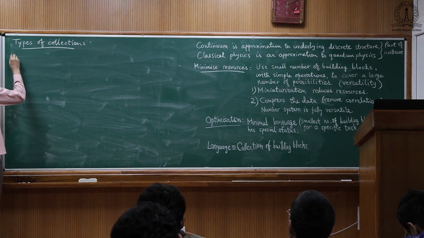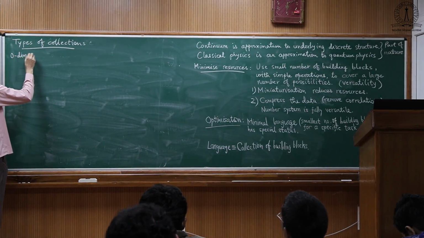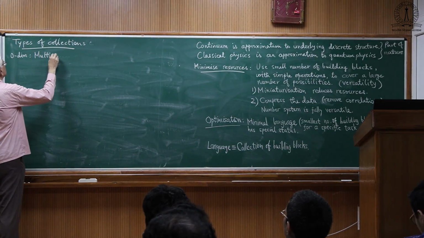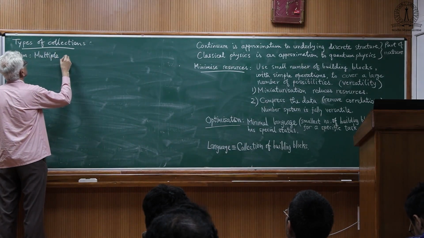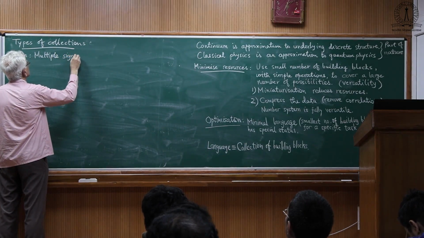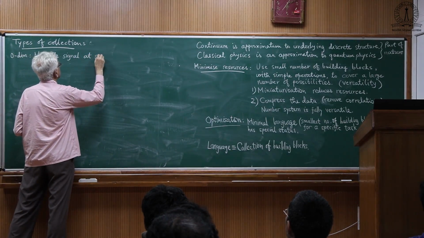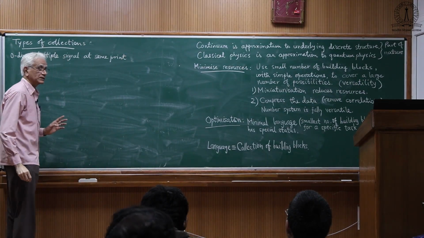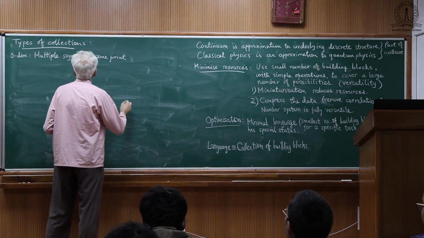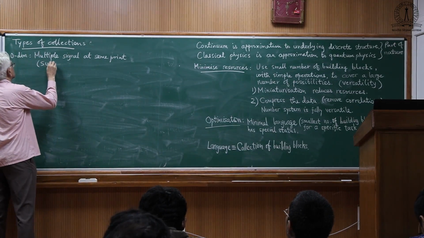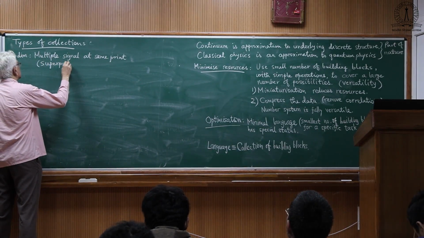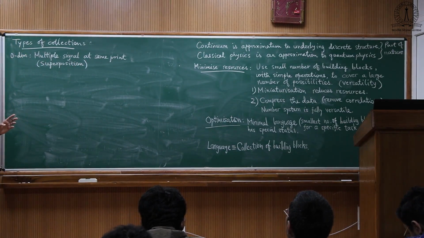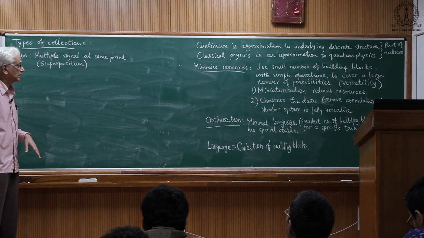And I'm just going to give simple definitions: zero dimension means multiple signals at the same point. A point is a zero-dimension structure, and this is an example of what we encounter in physics as superposition. All the signals are there together.